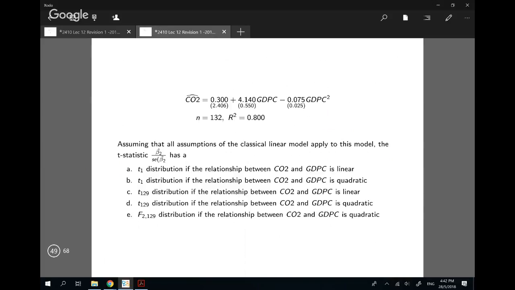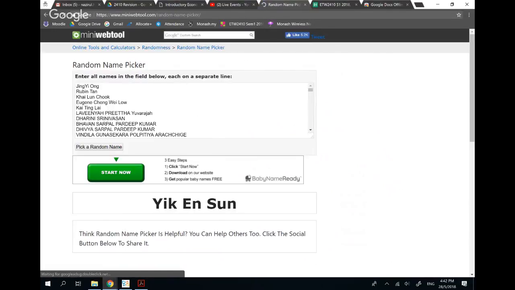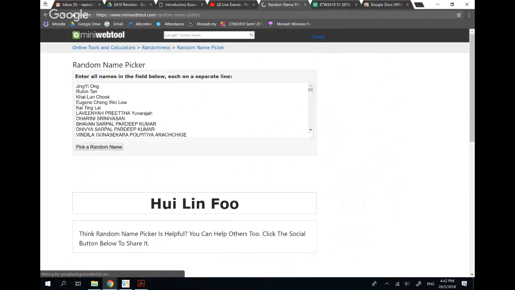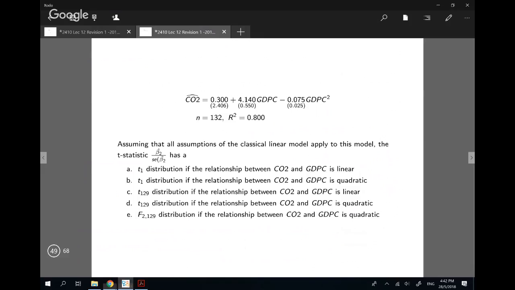Assuming that all assumptions apply, the t statistic has a distribution. It's quite interesting. Linear, quadratic, linear, quadratic, quadratic.